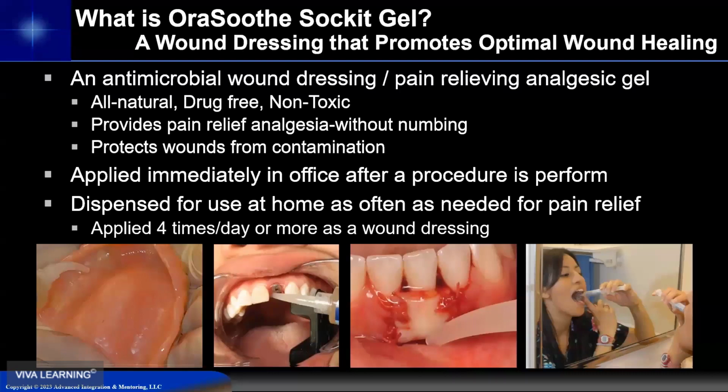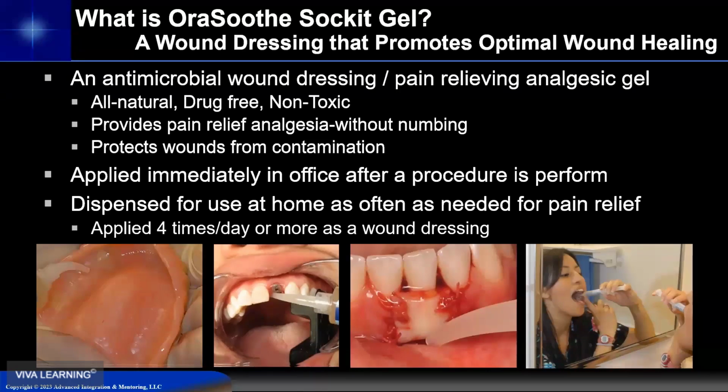Now, the instructions I give them: I would like you to use it at least 4 times a day, but more importantly, anytime you're thinking about the treated area, I want you to apply some. If it is not bothering them, that means the healing process is going on as expected. If it's drawing their attention, it means some form of treatment needs to be made.